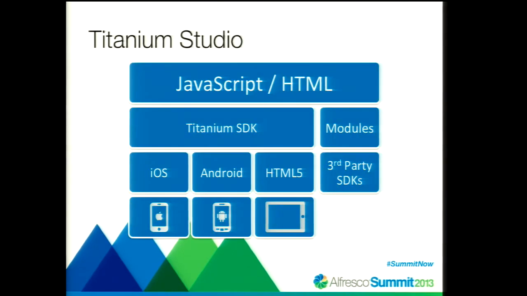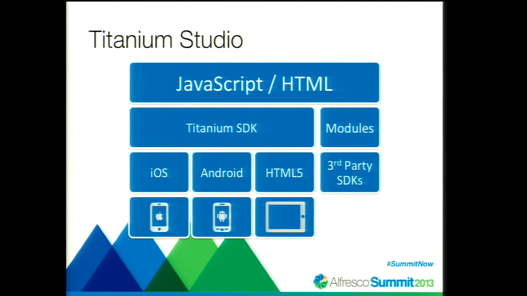So this is what Titanium Studio looks like. It's essentially Eclipse, and you write JavaScript and/or HTML, which then talks down to the Titanium SDK. That's completely open source. It's on GitHub, and they have various stacks that then interface the JavaScript with the native SDKs.